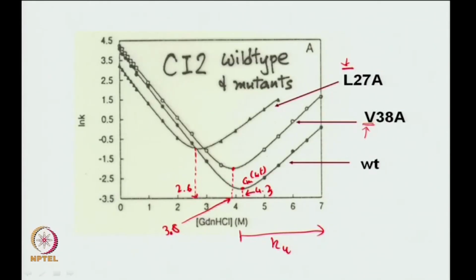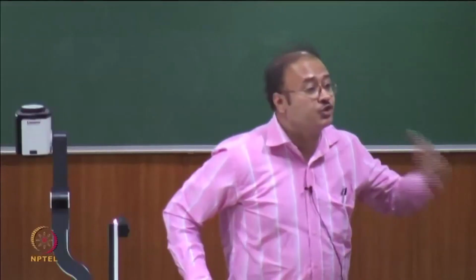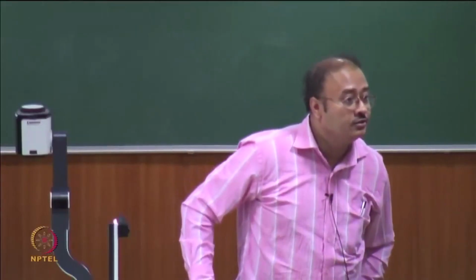And what you are plotting here is ln k, and because you are on the unfolding side, you are essentially plotting Ku, and that is why you can see these gaps coming in. Okay. Now, contrary to this, look at the folding side. Tell me, do you see that much of an effect on the folding side?